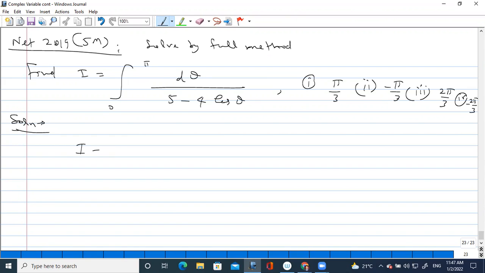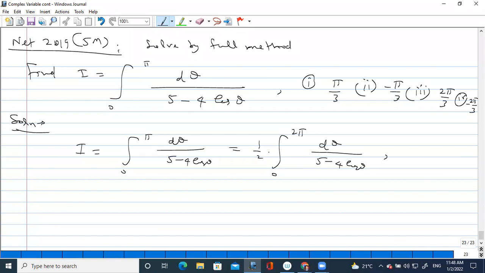So I can convert the integral from 0 to pi of d theta upon 5 minus 4 cos theta into 1 by 2 of the integral from 0 to 2 pi of d theta upon 5 minus 4 cos theta. Here a is greater than b. This condition is already satisfied because a is 5, b is 4, and 5 is greater than 4.